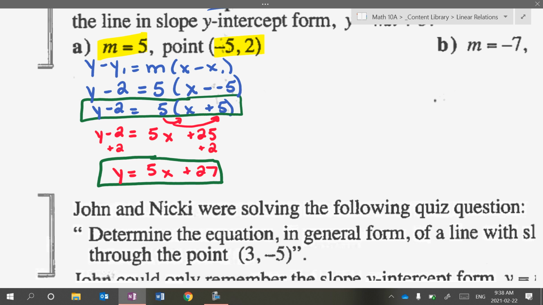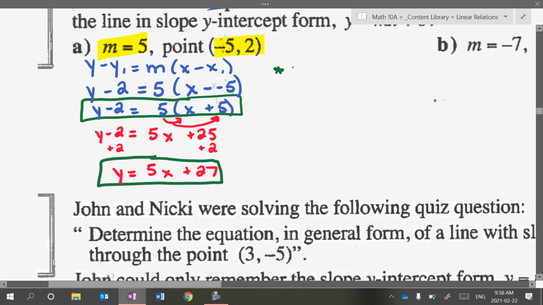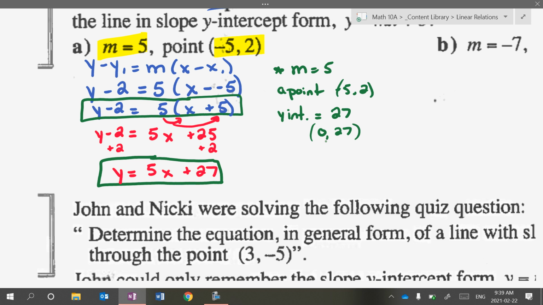From here, you can tell a couple pieces of information: our slope is 5, we have a point at -5 and 2, and our y-intercept is going to be at 27, or 0, 27 if you want to think of it that way. So we actually know two points and our slope from those two equations. Same information, just represented in two different ways.